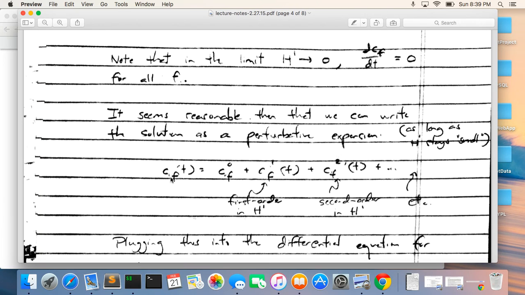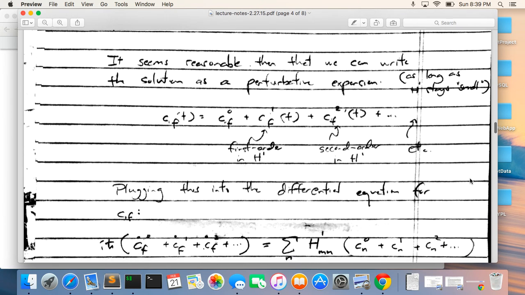So just like we did before when we expanded in the eigenvalues and the eigenkets, here we can expand these coefficients. All right, so I'll have a 0th order part to the coefficient, a first order part, and first order meaning it's first order in the perturbation, second order, and so on and so forth. All right.